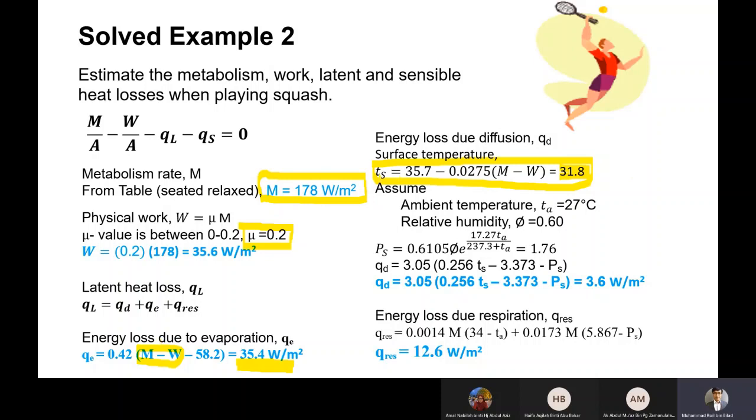You feel hot because of your sweat, but when your sweat evaporates, your temperature goes down. The rest are the same. You get this energy for diffusion, and the energy loss due to respiration you just plug into the equation, so nothing unique there.